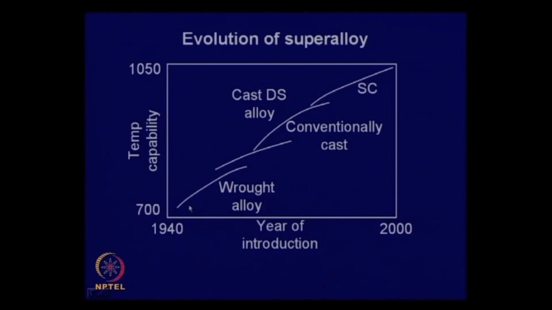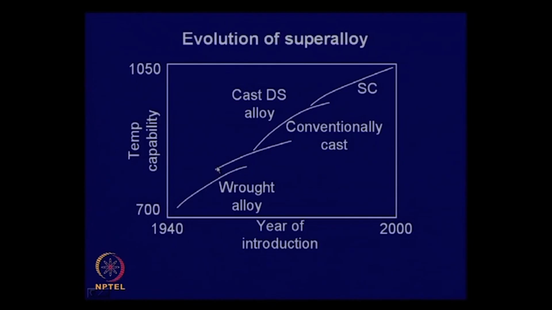So, in fact, this did not happen just in one step. There has been incremental development. Wrought alloy temperature capability was increased substantially by alloying additions, making creep difficult. Then came conventional casting, because if you increase the creep resistance too much, these materials are difficult to deform.